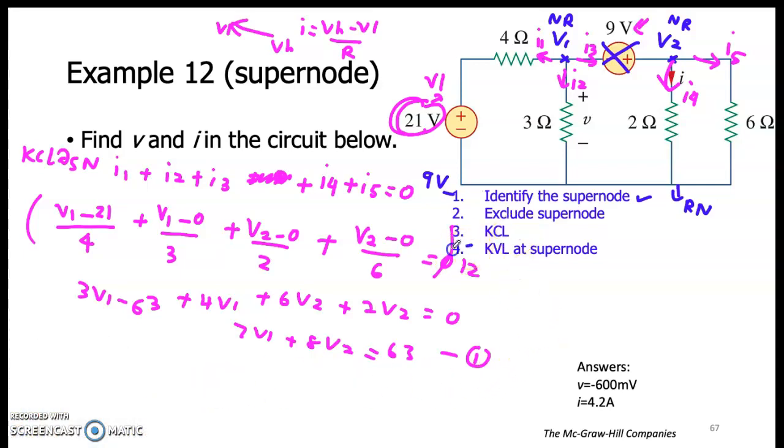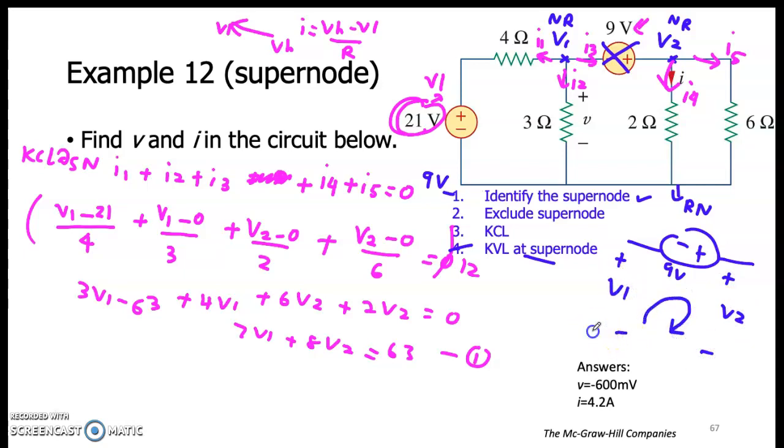So that is step number 4, where you're going to have KVL at the supernode. So now let's redraw back. So this is your supernode, 9 volt. And here you have another voltage that is called V2. Here is V1. So you just need to make a loop equation here.